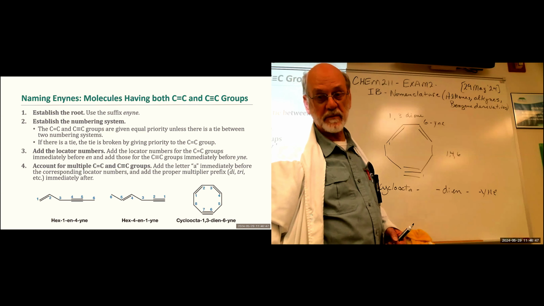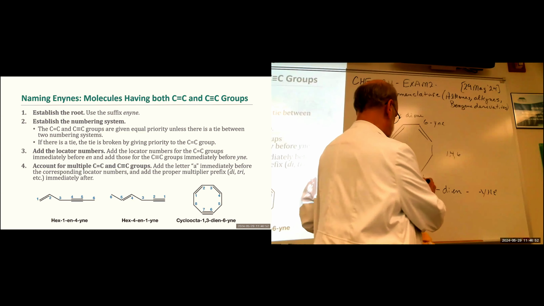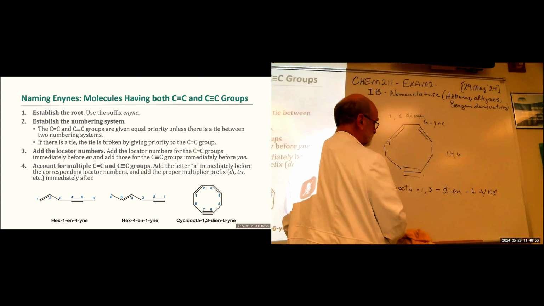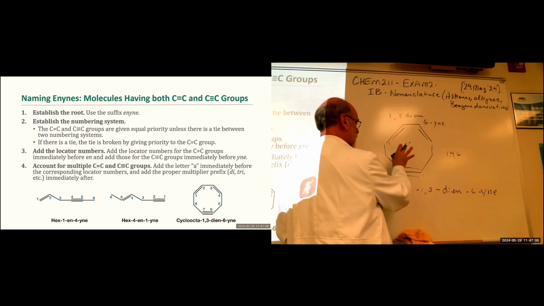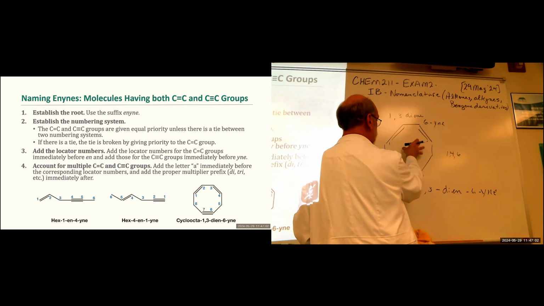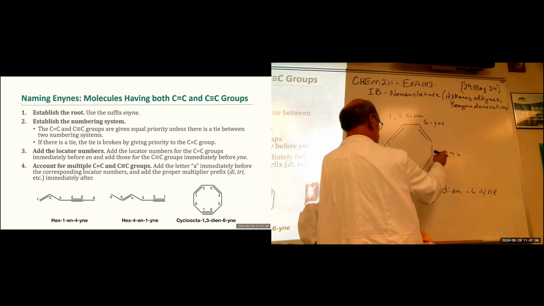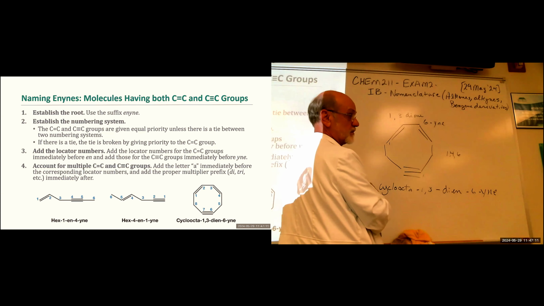I'm just assuming from the way they're naming this, 1, 3, and 6, that is the rule. Wherever you start, you want to keep them together. Like there are 2 of them here, they got to be together. So we'd have to start here and go that way. We couldn't start here and go that way because then they'd be broken up. And that also gives us a larger numbering system.